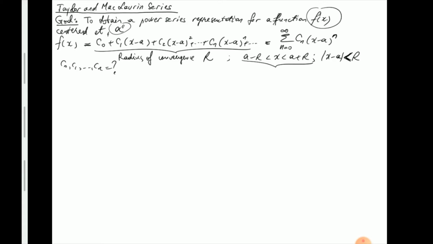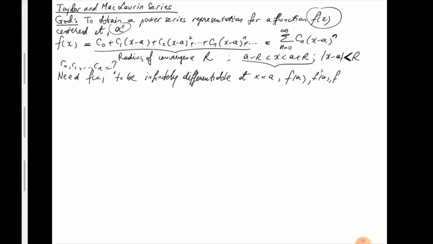So the idea is not that difficult. Here's the main condition that we need f of x to satisfy. We need the function f of x to be infinitely differentiable at x equals a. So we need f to be defined at a, of course, and we need the derivatives of any order to exist.